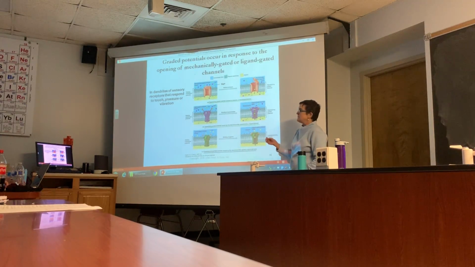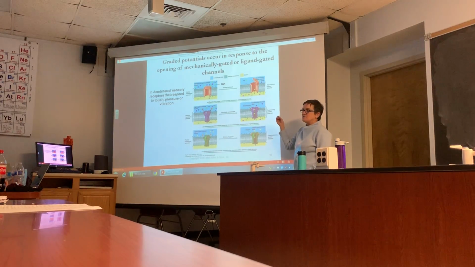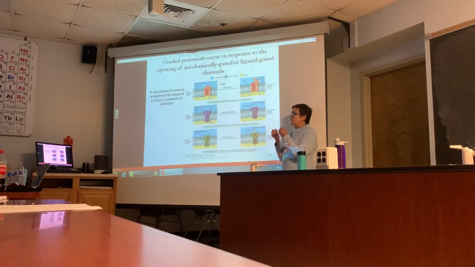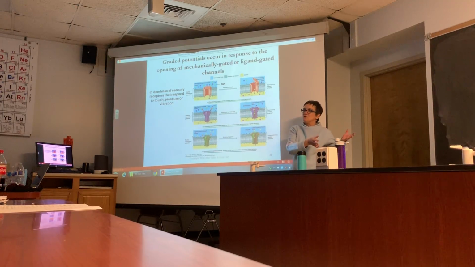The pressure receptors, like Pacinian corpuscles. The receptors that detect vibration, which are Pacinian and Meissner's corpuscles. The stretch receptors. All of those receptors that are stimulated by some kind of what we call mechanical stimulus, which is touch, pressure, vibration, stretching, things like that. Those are all mechanical types of stimulus, as opposed to chemical stimulus or some other type of stimulus.